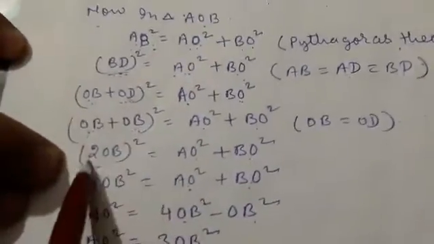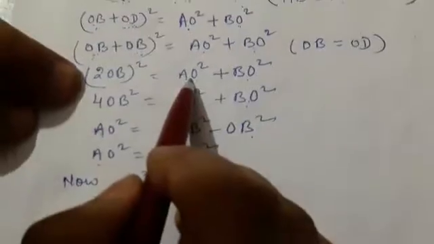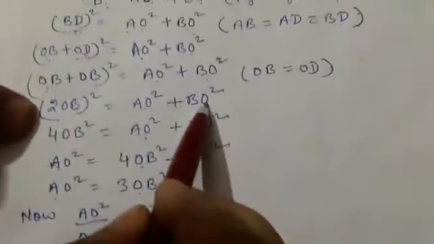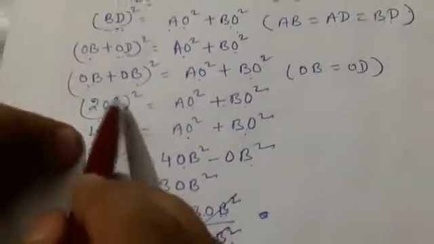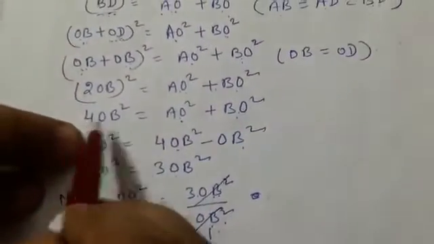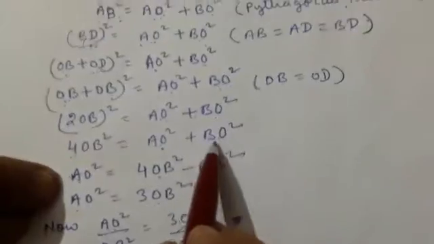So OB plus OB, 2OB whole square is equal to AO square plus OB square. So 2OB whole square means 4OB square is equal to AO square plus BO square.